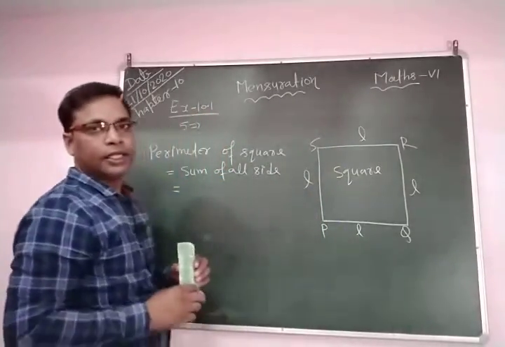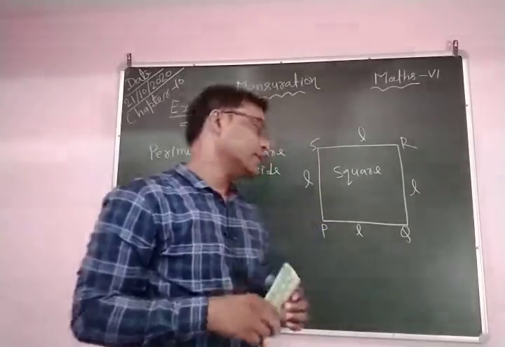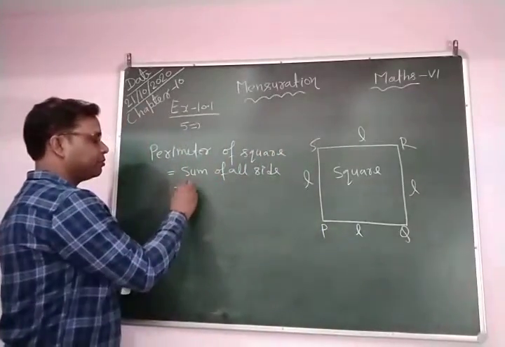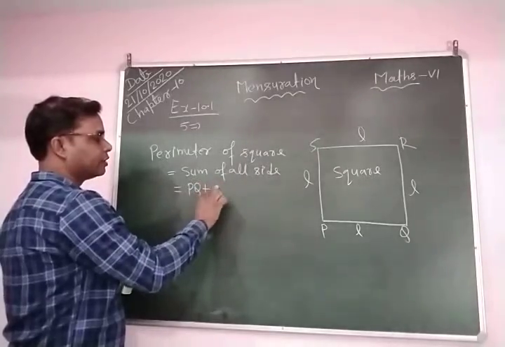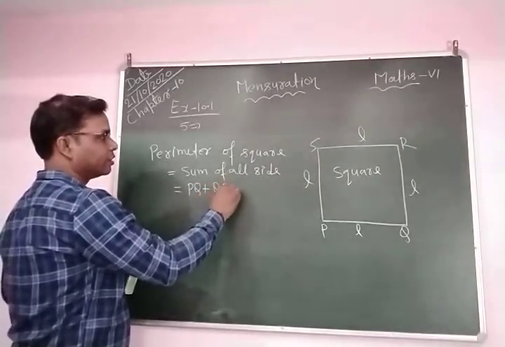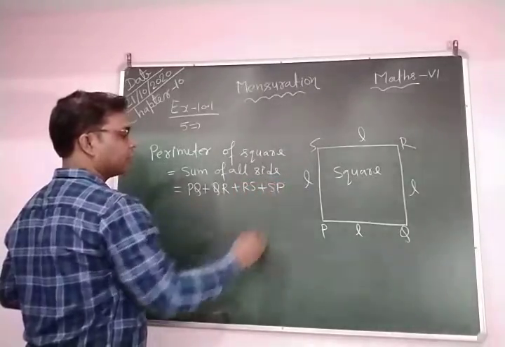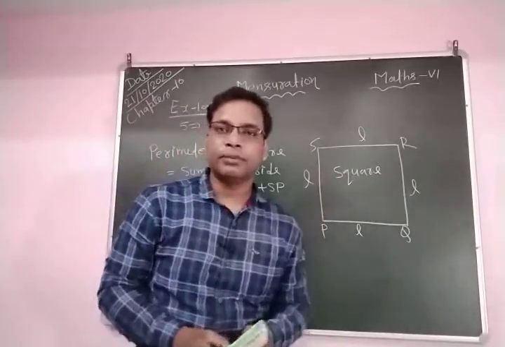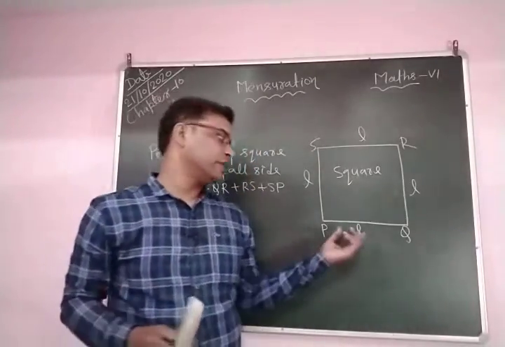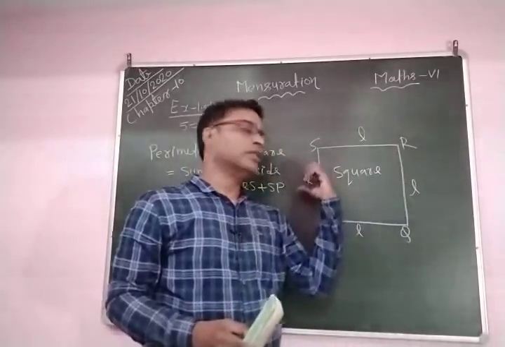If you sum all the sides, then you find the perimeter of the square: PQ plus QR plus RS plus SP. But here, in the case of a square, each side is equal. So this side is L, this is also L, this is also L, this is also L.